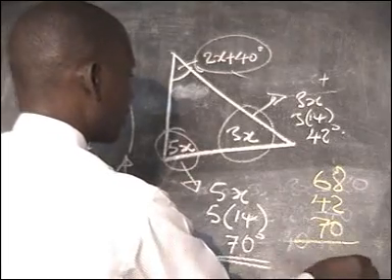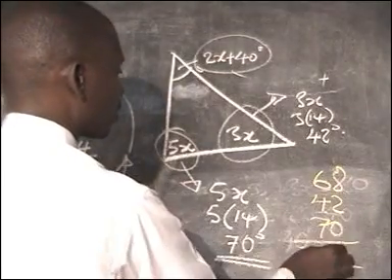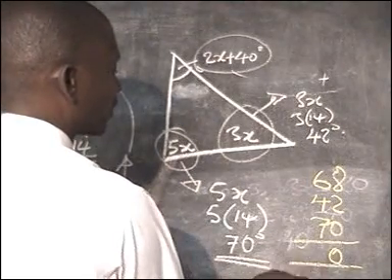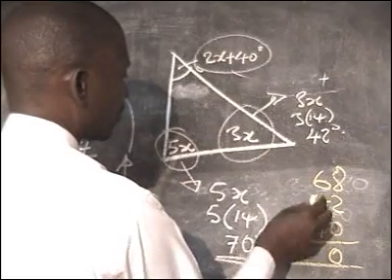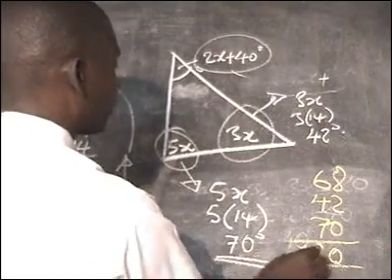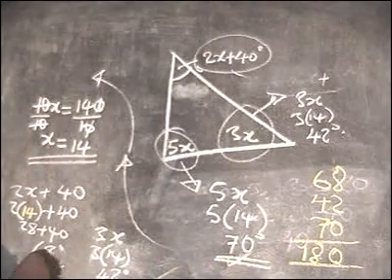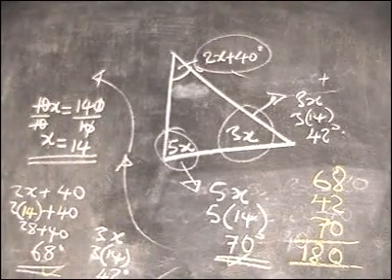If you add the three angles, 8 plus 2 is 10, then you carry 1, then 6 plus 4, that is 10, plus 7, 170, plus 1, 180. So these are the sizes of the angles, 70, 42, and 68.